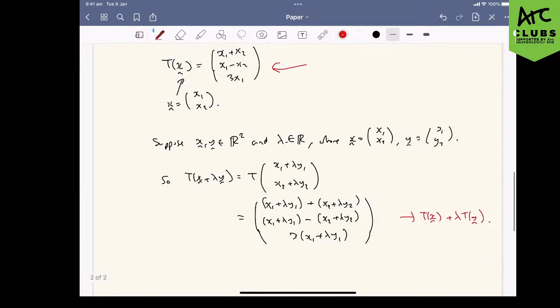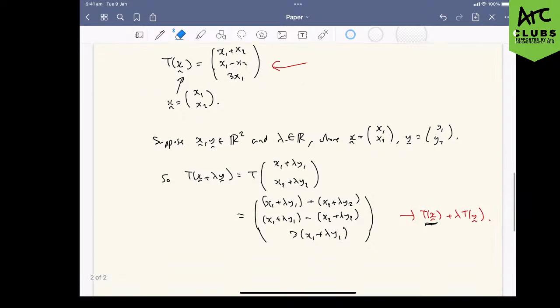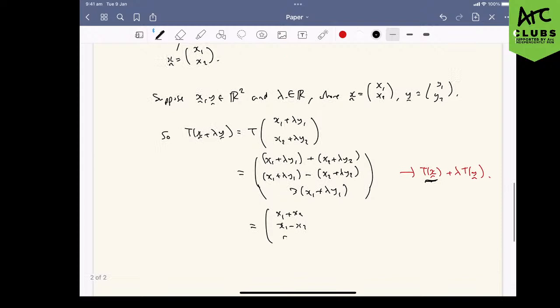To do that, we separate out the variables inside this big vector we have. We want T of x first of all, and we can get that by taking the x1 plus x2, x1 minus x2 and 3x1 out of this vector. That results in x1 plus x2, x1 minus x2, 3x1, plus what's remaining: lambda y1 plus lambda y2, lambda y1 minus lambda y2, and 3 lambda y1.